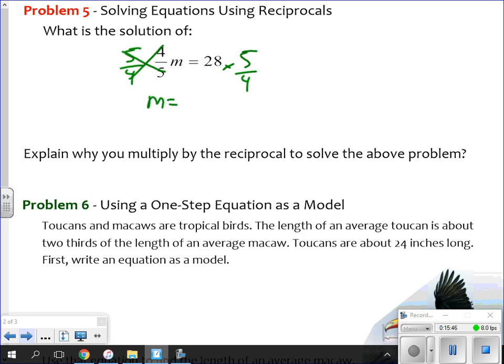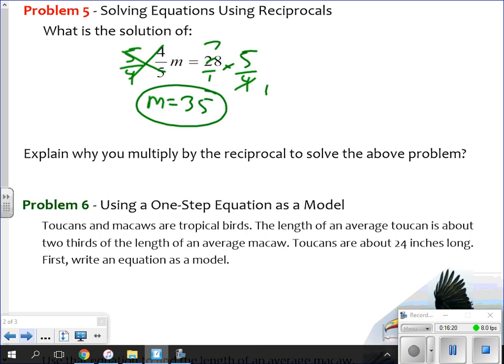And then I do 28 times 5/4. 4 goes into 28 seven times. I get 35. Like I said, use your calculator. 28 times 5/4 gives you 35. You're still doing the algebra. The calculator is just helping you with arithmetic. Question?